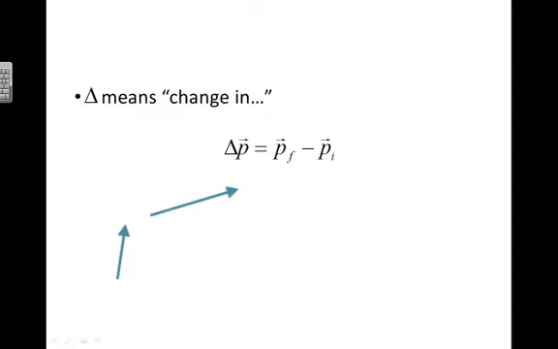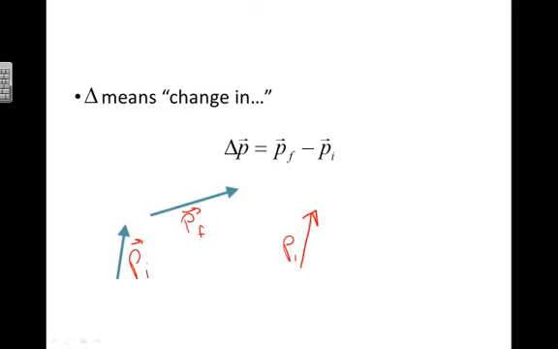It's going to be the value at a later time minus the value at an earlier time. So let's say that we're dealing with P initial, P final, and we'd like to know what's the change in momentum in going from this point to this point. So what we're going to do is graphically subtract these two vectors. And that involves placing the two vectors tail to tail.